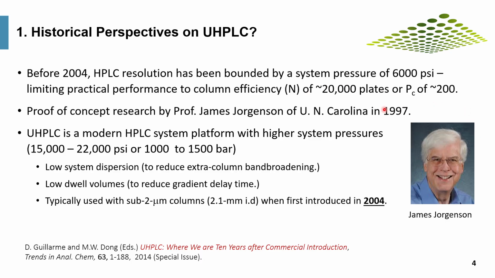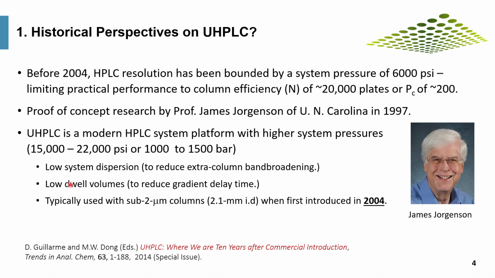Now, everything changed after 1997 with the proof of concept research published by Professor James Jorgenson. Here's a picture of Professor James Jorgenson in 1997. So currently, UHPLC is a modern HPLC platform capable of much higher system pressure, anywhere from 15,000 psi to 22,000 psi.